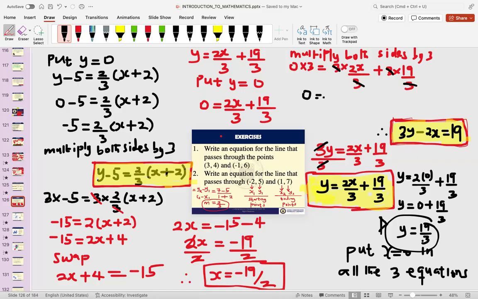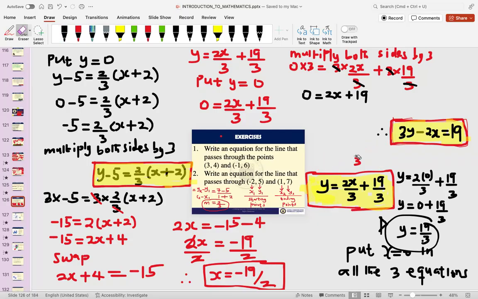Is equal to 2x plus 19. I need to do some swaps because the x will always have to be on the left. So to answer Stephen again, to do the swap, take everything on the right, bring it to the left, take everything on the left, send it to the right. So if I do that, this is what I will arrive at.